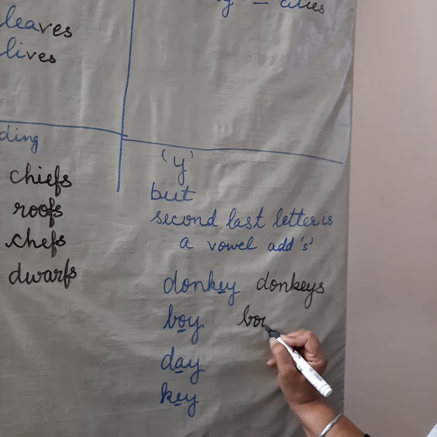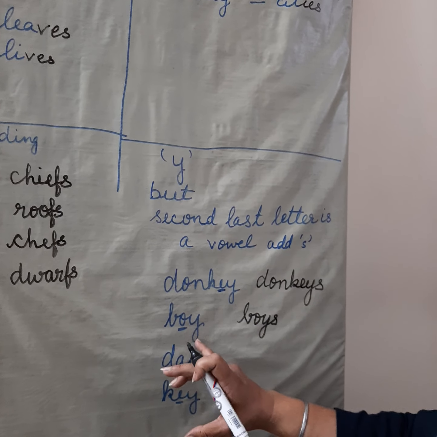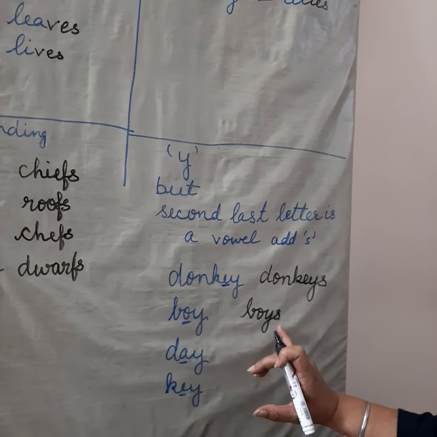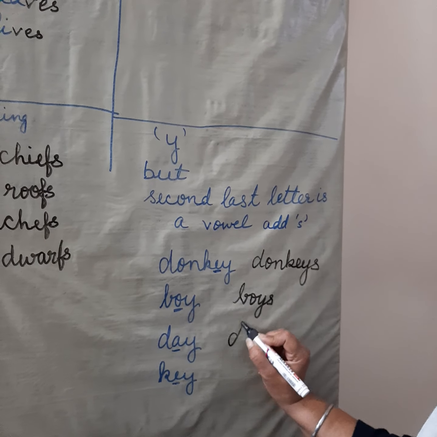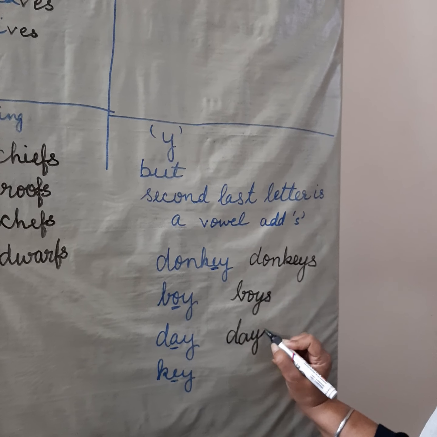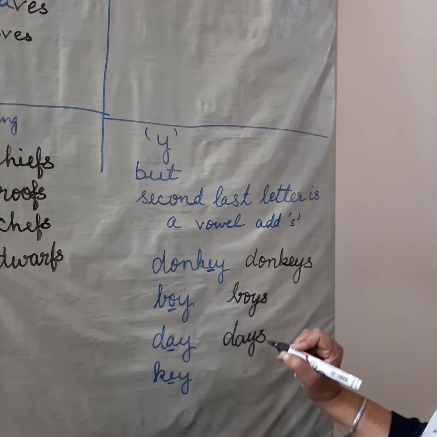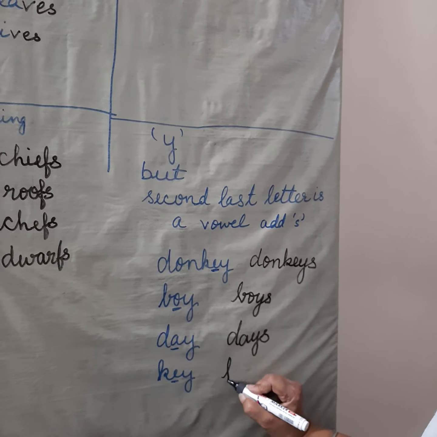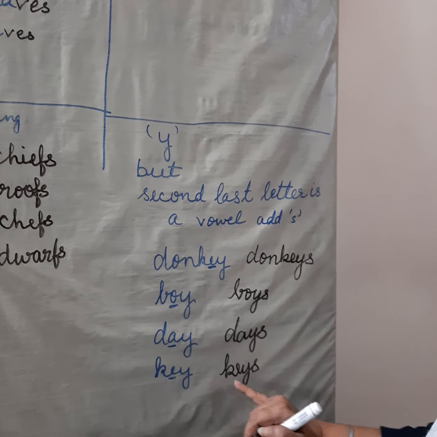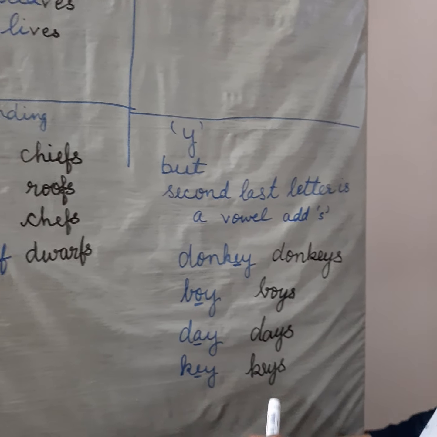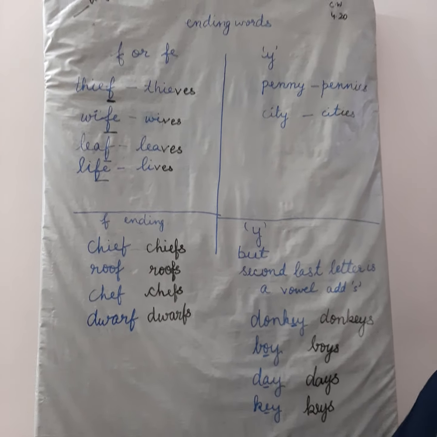To make it plural, we will not replace Y with IES. We will just add S to it. Now here it is day. So we will just add S to make it plural. Here key, we will just add S to make it plural. There are many more words like these.